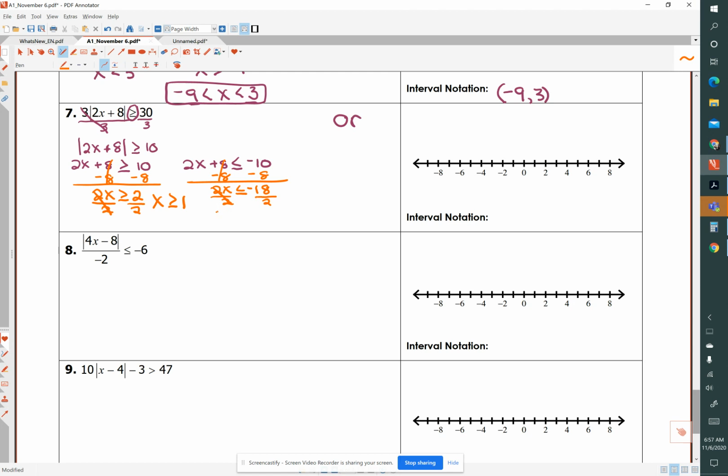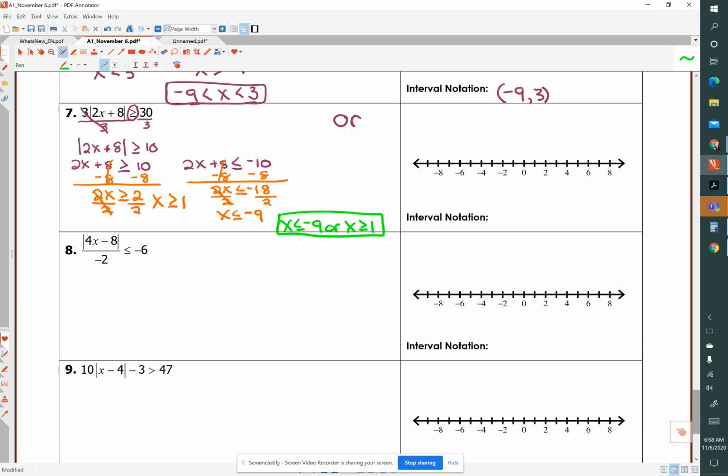And x is less than or equal to negative 9. Let's write that together. So I'll change the color, we're getting a little crowded here. We will have x is less than or equal to negative 9, or x is greater than or equal to 1.